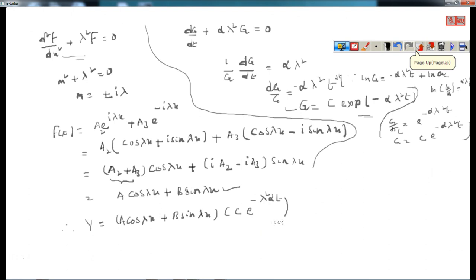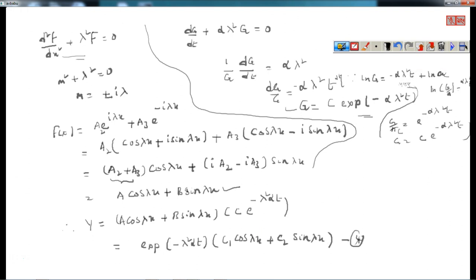It can also be written as e, nothing but the exponent to the power of minus lambda square alpha t, into this multiplication. If we bring it here, then C into A is equal to c1 cos lambda x plus c2 sin lambda x. Another constant I have introduced here. This is equation number 4.